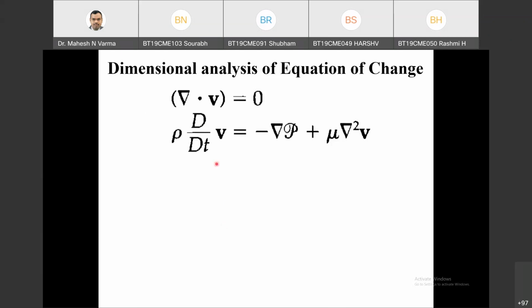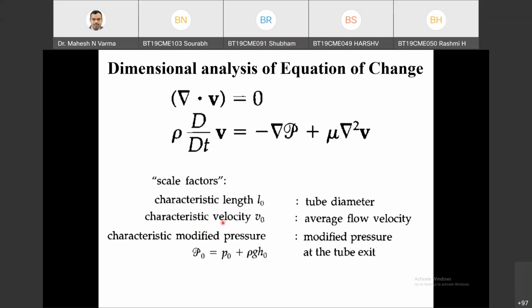So we'll apply this dimensional analysis. This is the equation of continuity for incompressible fluid, density is constant, and this is the equation of change. Now I am using a characteristic length L0 for making the length dimensionless. For example, for flow through a pipe, the diameter of the pipe is a characteristic length.